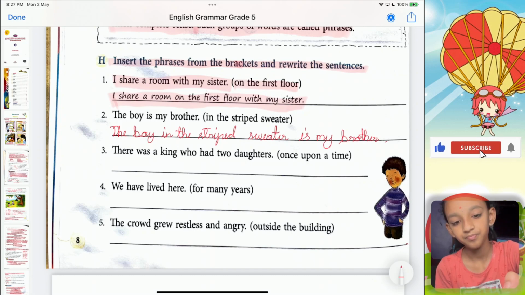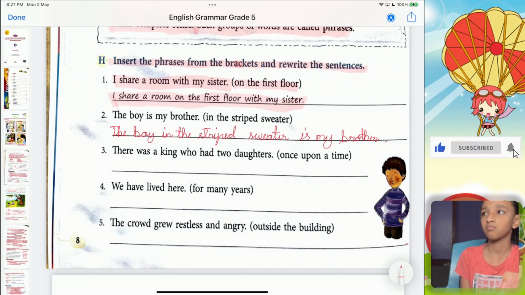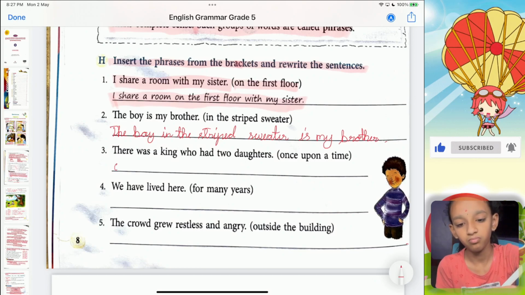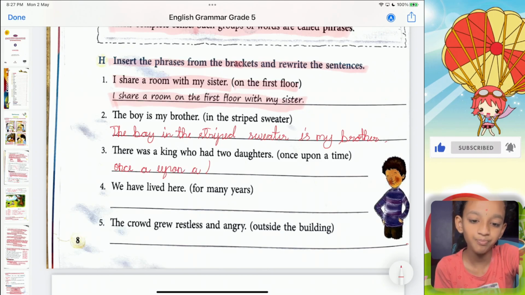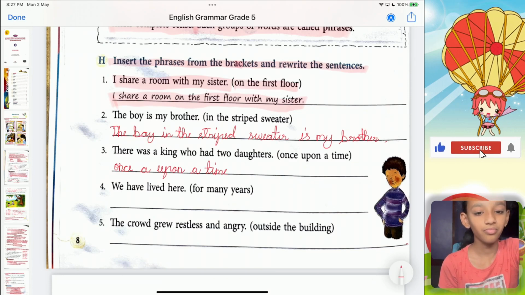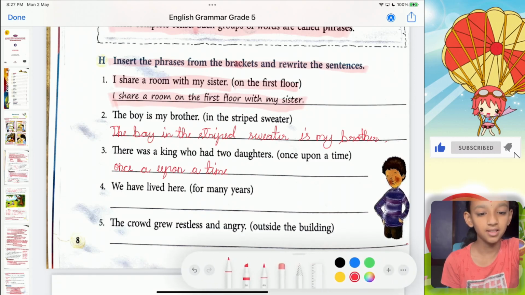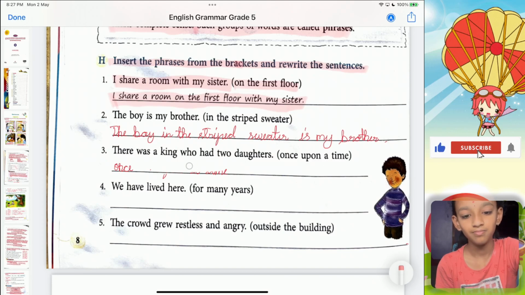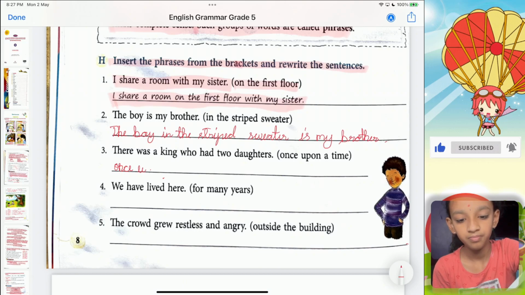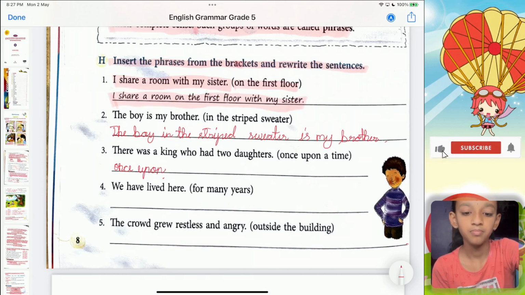I think the better one is once upon a time there was a king who had 2 daughters.